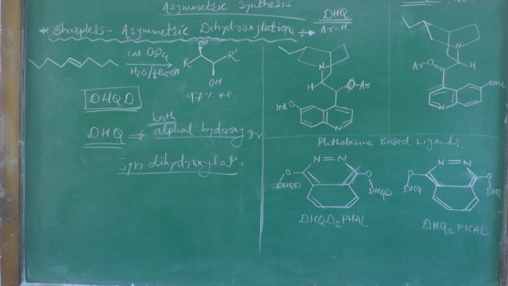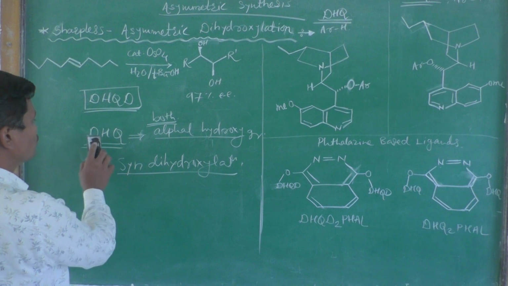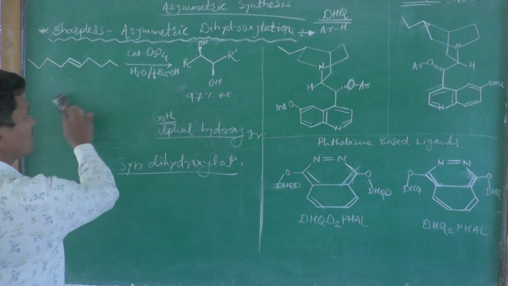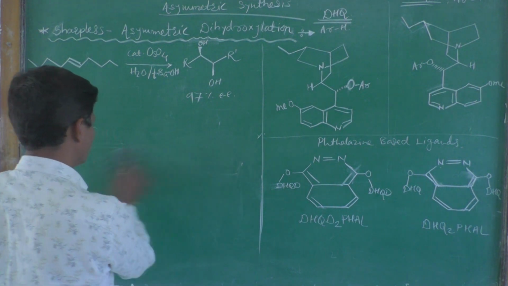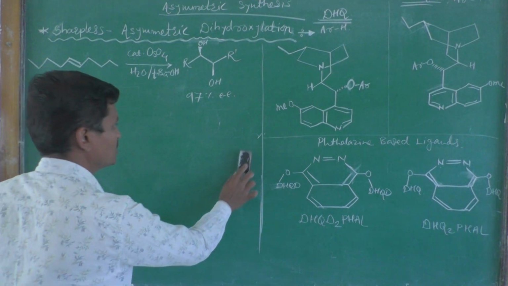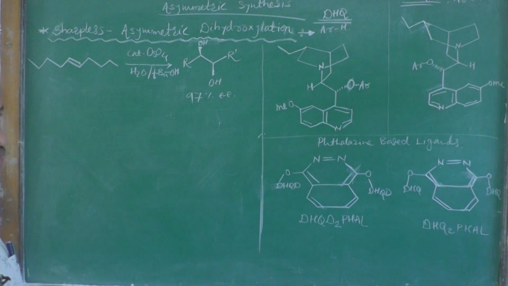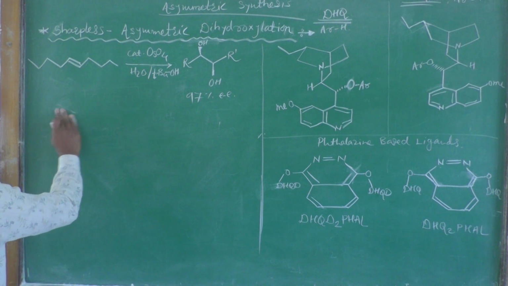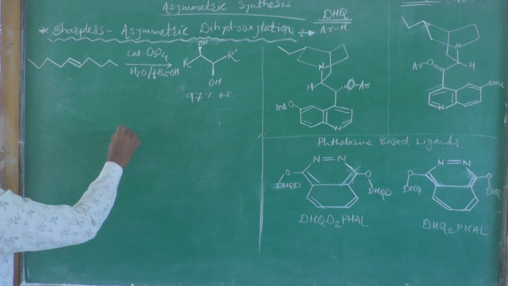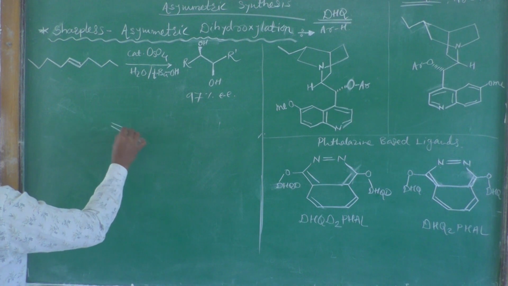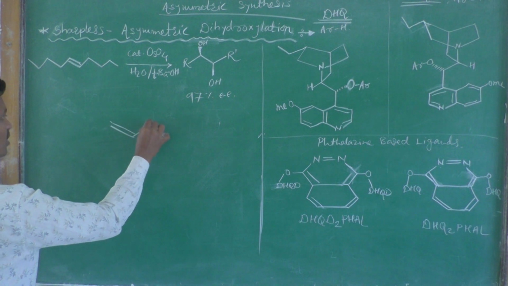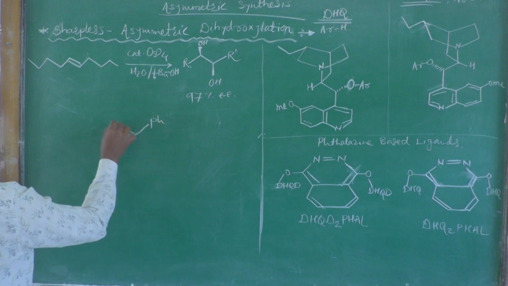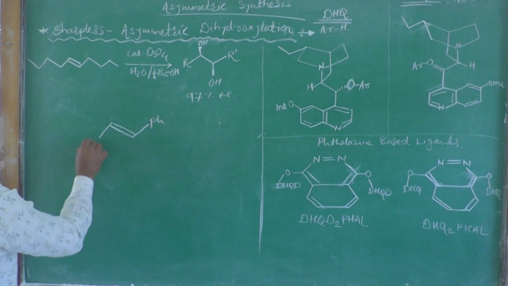Then the general reaction that can differentiate the use of this DHQ and DHQD can be taken as stilbene. So we know that stilbene is 1,2-diphenyl ethylene. Okay, so this is the carbon-carbon double bond, this is Ph, this is also Ph.